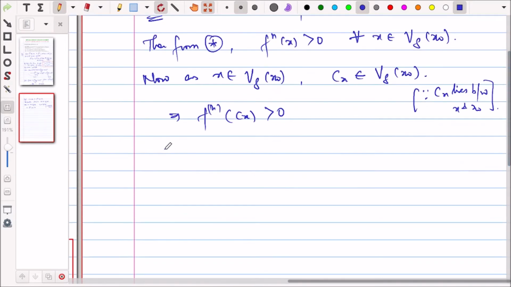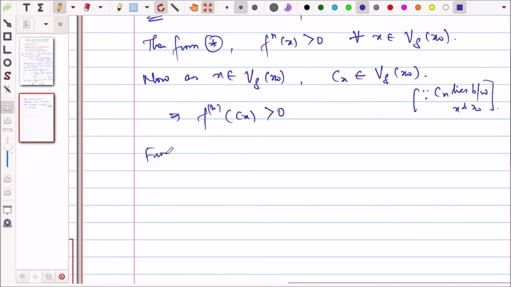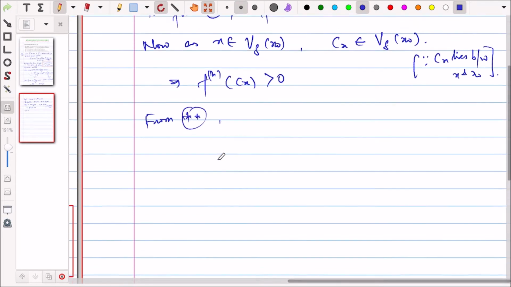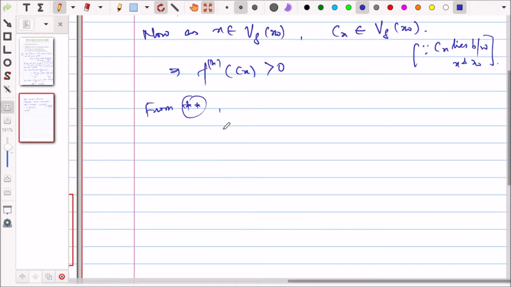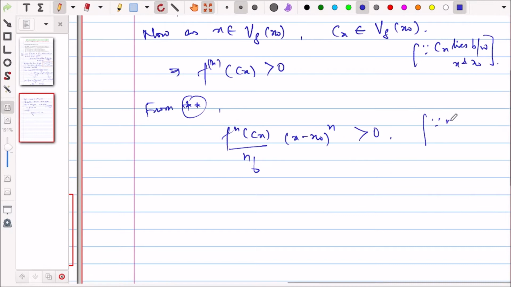Then from double star, what will happen? f^n(c_x)/n! (x minus x naught)^n is greater than 0. Why is it so? Because this is positive and n is even, so this term is also positive. So overall it is positive since n is even, right? Sorry, not from double star.